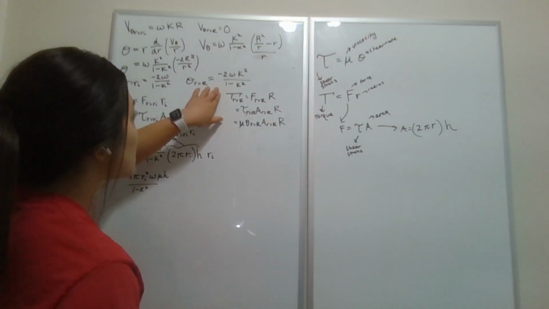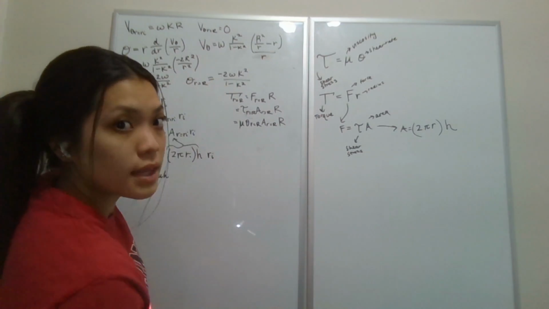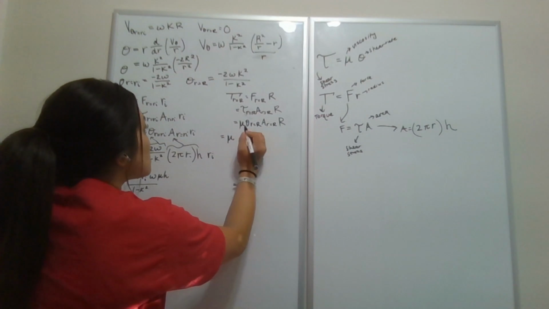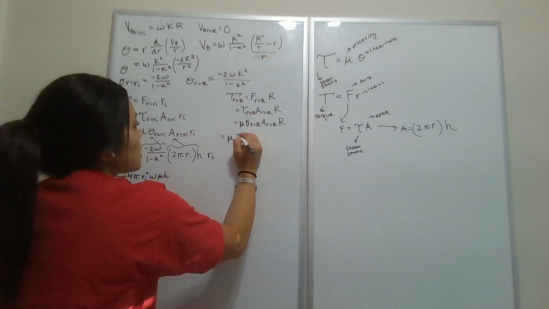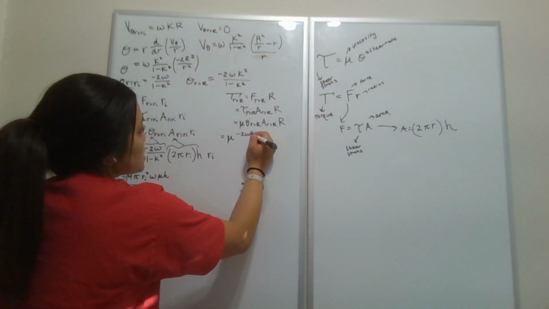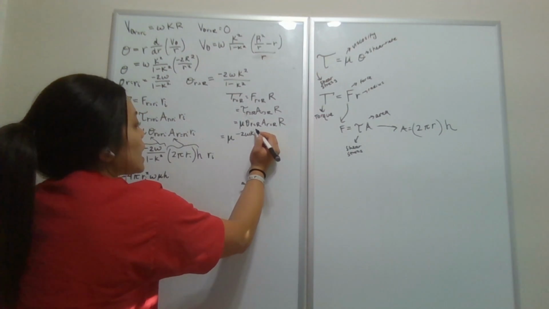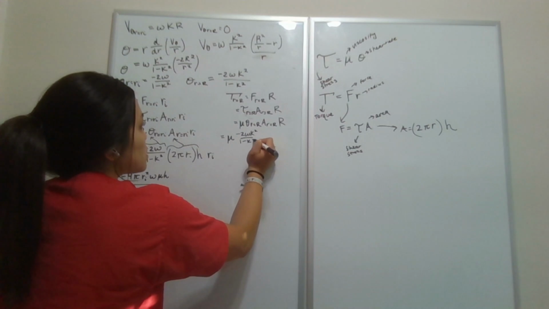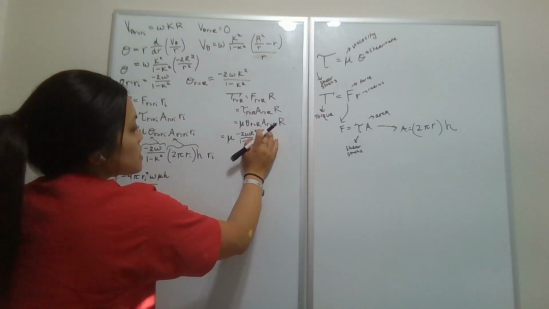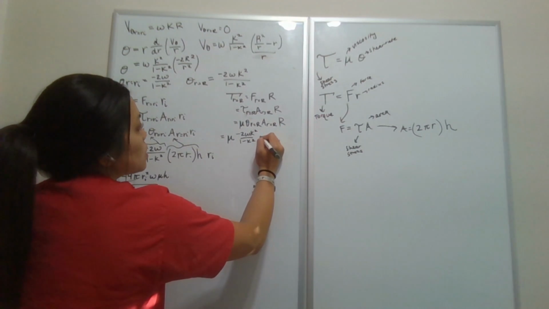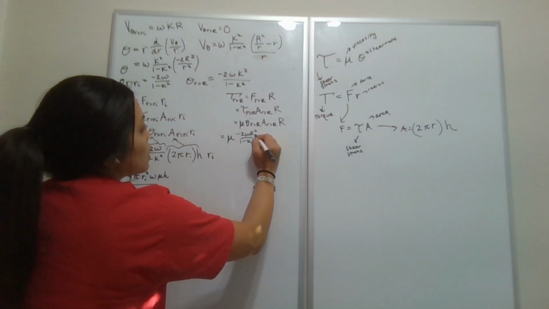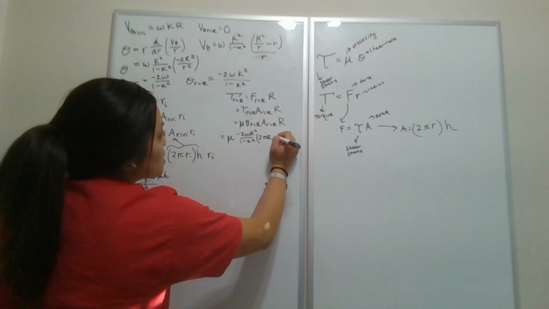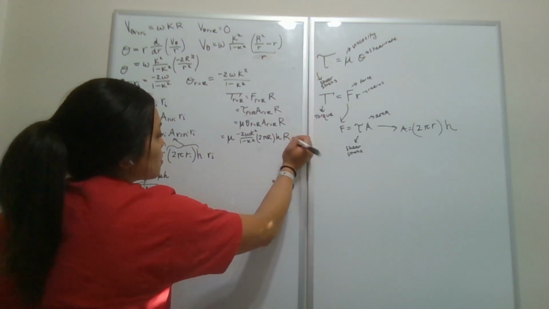And plugging in what we found for the shear rate at the outer radius, we have viscosity times -2 times the angular frequency times the proportion between the inner and outer radii squared divided by 1 minus this proportion squared times the area, so that's going to be 2 pi times the outer radius times the height times the outer radius.